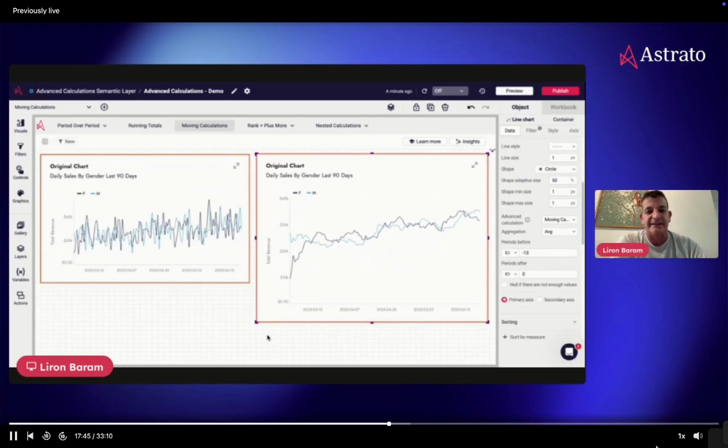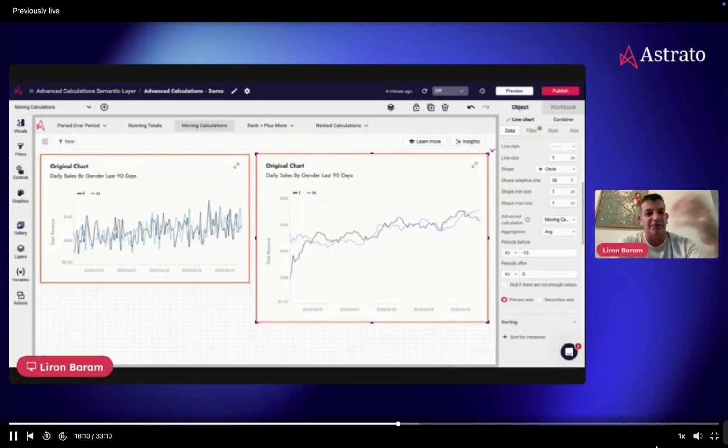One, I can identify a growing trend for both genders. I can see that in my male customers, I had a drop 3-4 months ago, but now I'm going up, while my female customers seem to drop down lately over the last month.